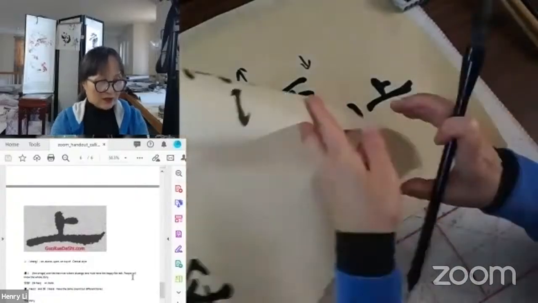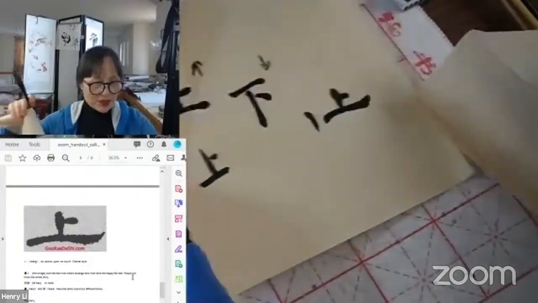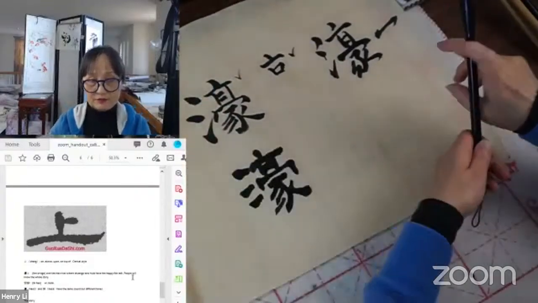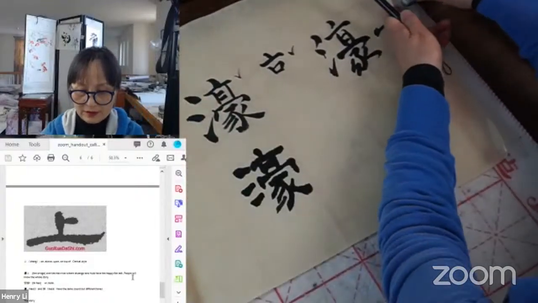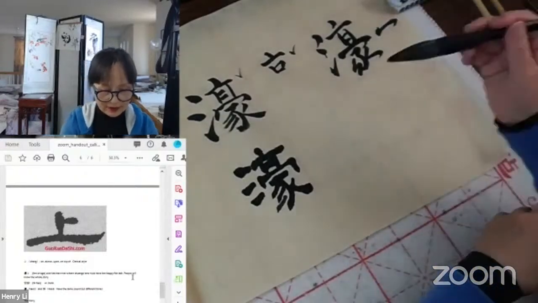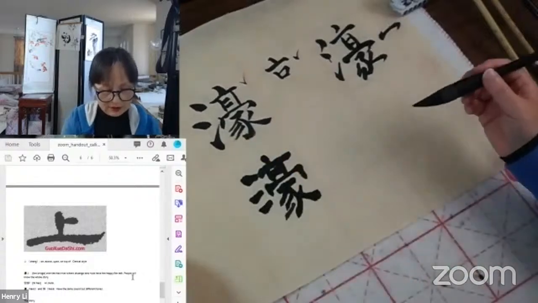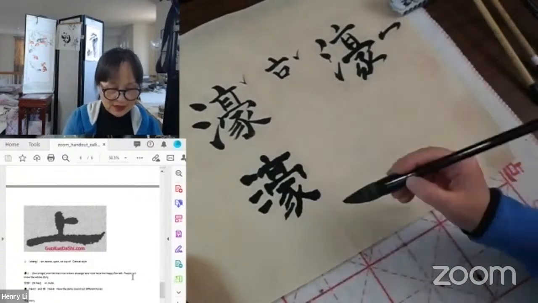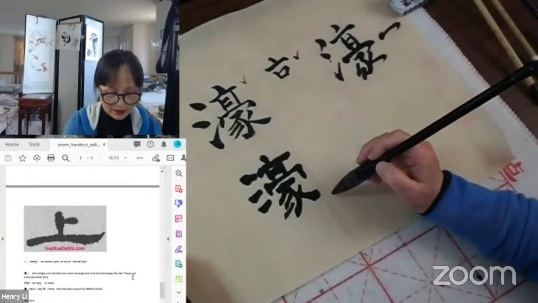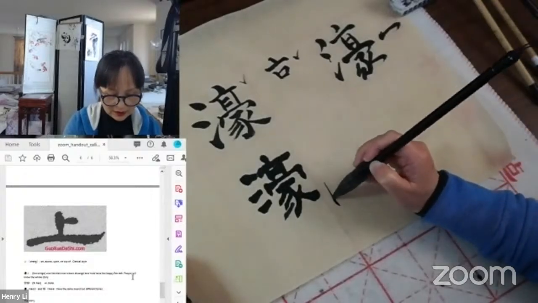So I think in the handout, I also mentioned the pinyin, the Chinese phonetic system, which shows how we sound it.